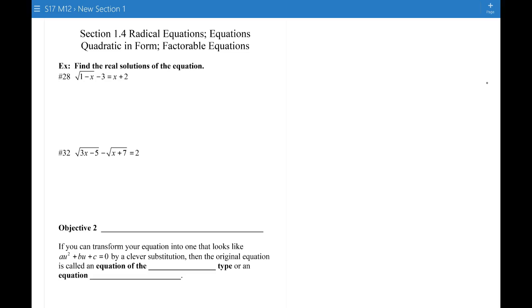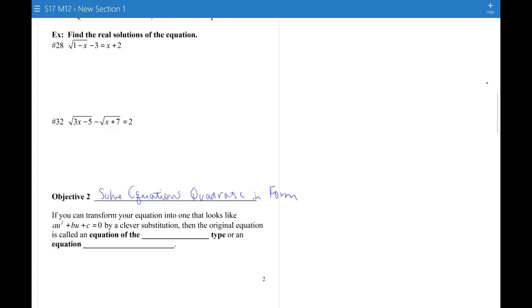So let's look at objective 2, which is solve equations quadratic in form. And these take a while to recognize, but they're very important because they actually come up quite often.